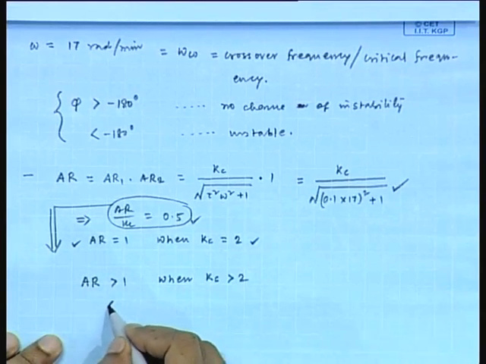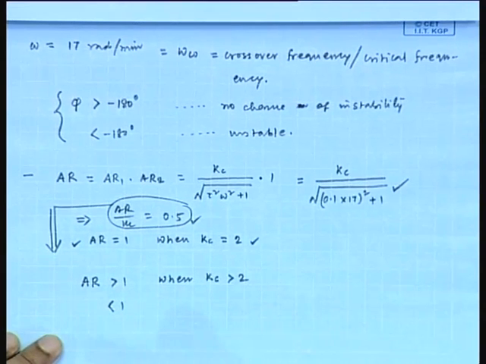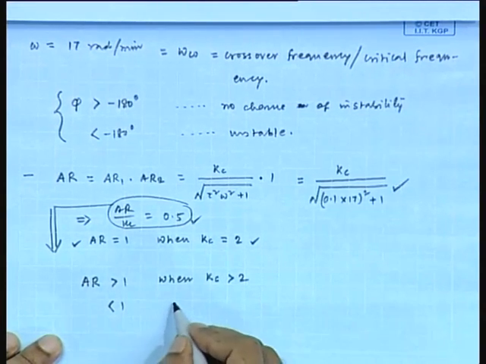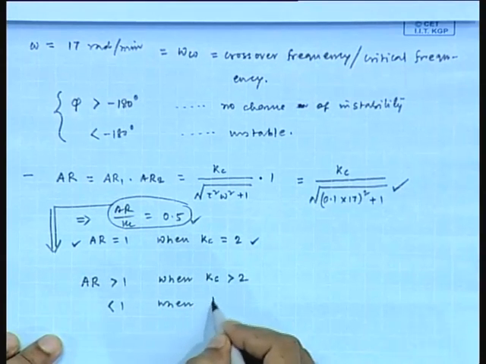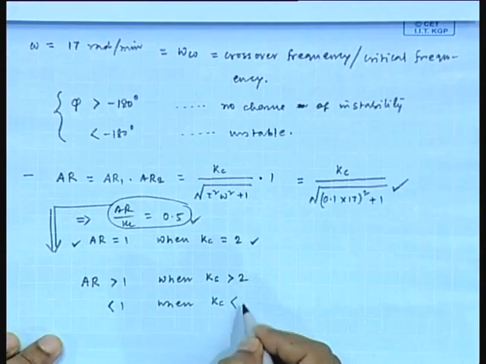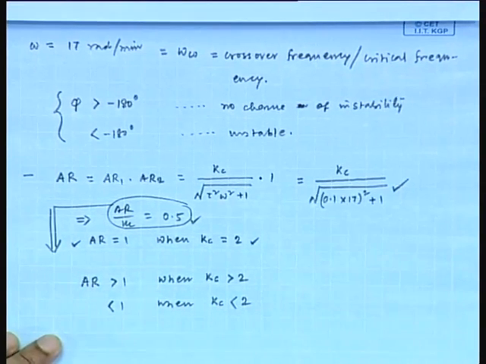Similarly, we can write amplitude ratio less than 1 when Kc is less than 2. Fine.